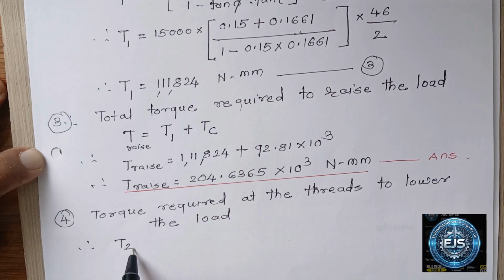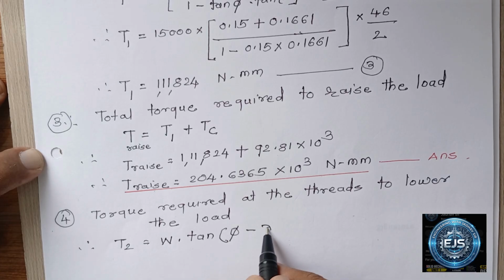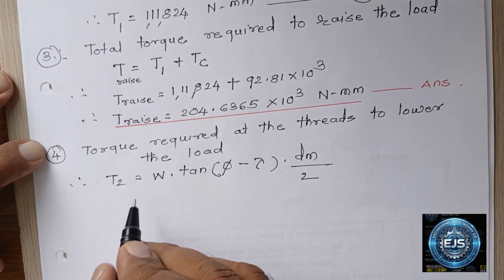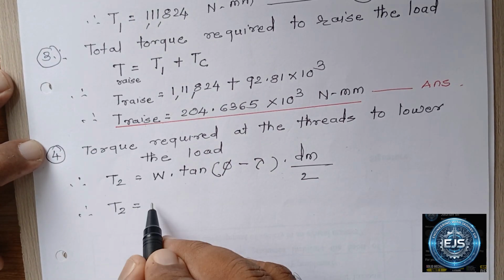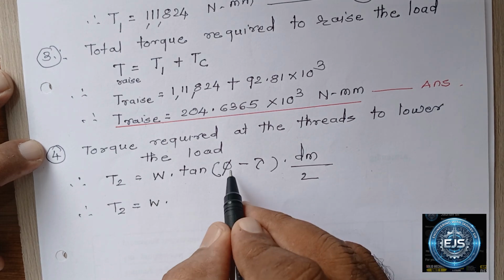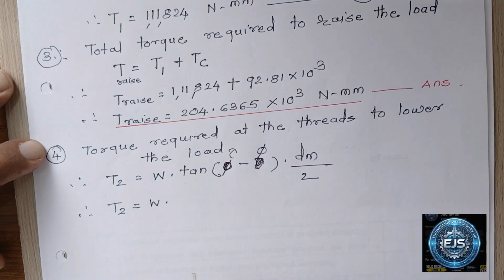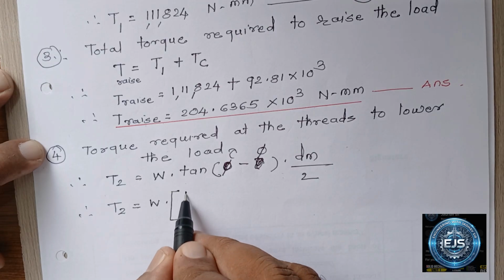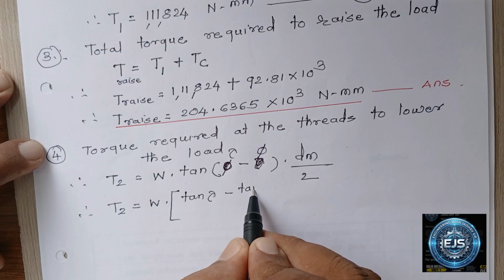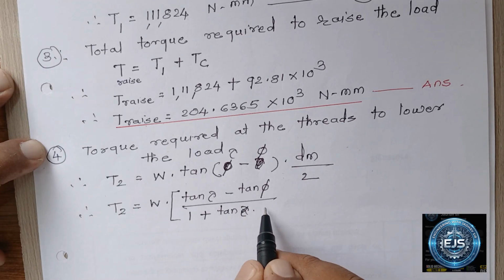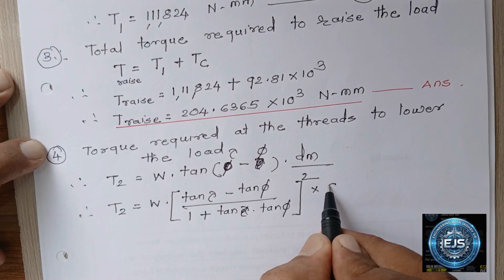So we call it T2. T2 is equal to W into tan of phi minus lambda into dm by 2, which is W into bracket tan of lambda minus tan of phi upon 1 plus tan of lambda into tan of phi, whole multiplied by dm by 2.